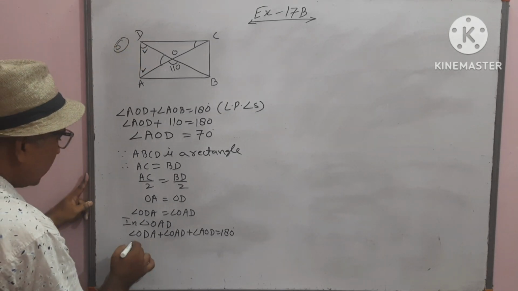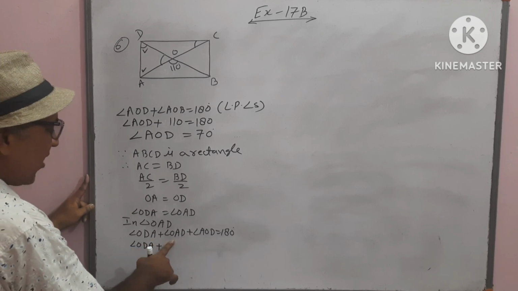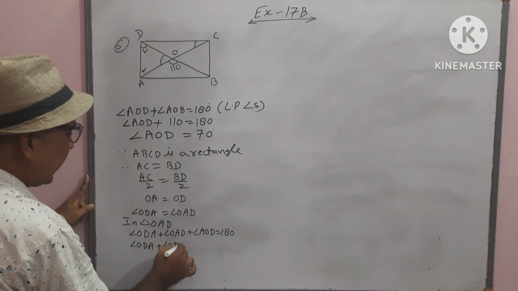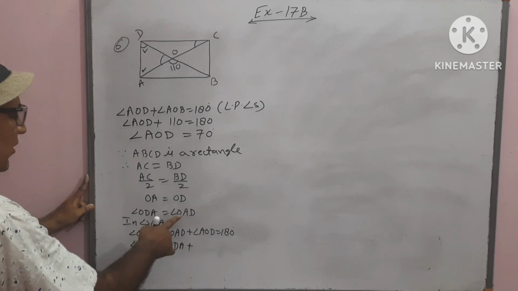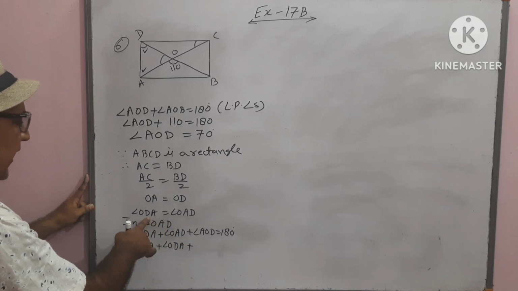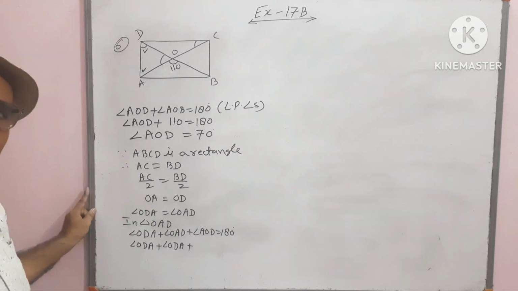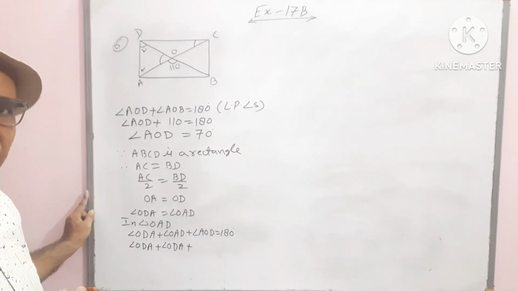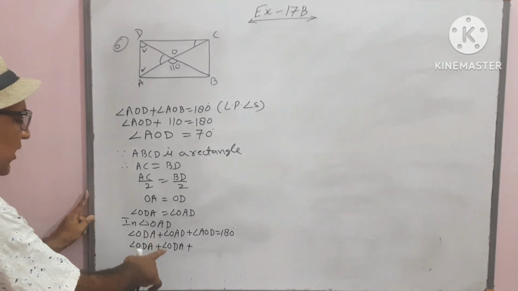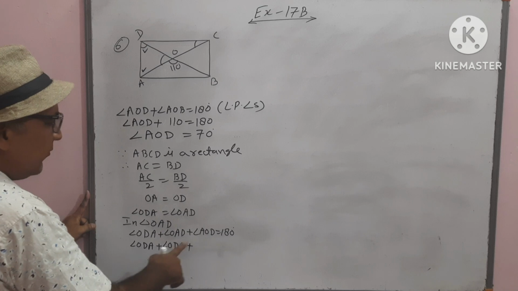Now, ODA we have to find. At the place of OAD, we can write ODA. Because OAD and ODA both are equal. So ODA can be replaced by OAD and OAD can be replaced by ODA. So whatever we require, that we will do. We required ODA. So OAD is replaced by ODA.